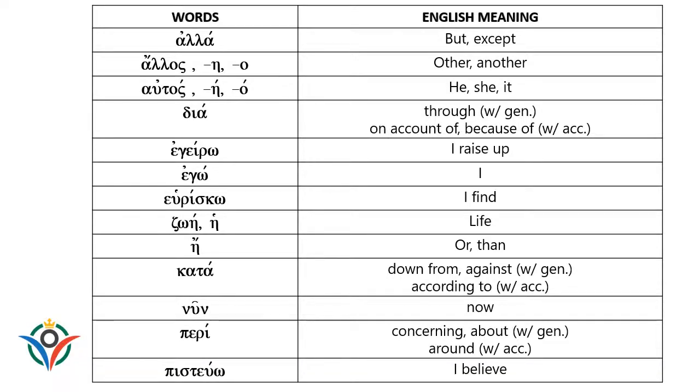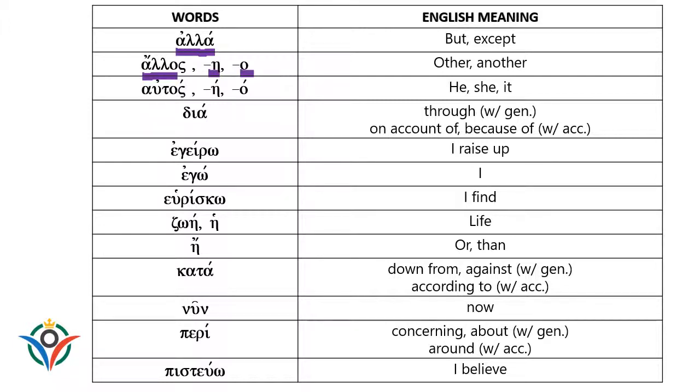It's now time to look at our vocab for lesson 8. All right, so let's look at the first word together. We have alla, which means but or except. Next we have an adjective, allos, allē, allo, which means other or another.